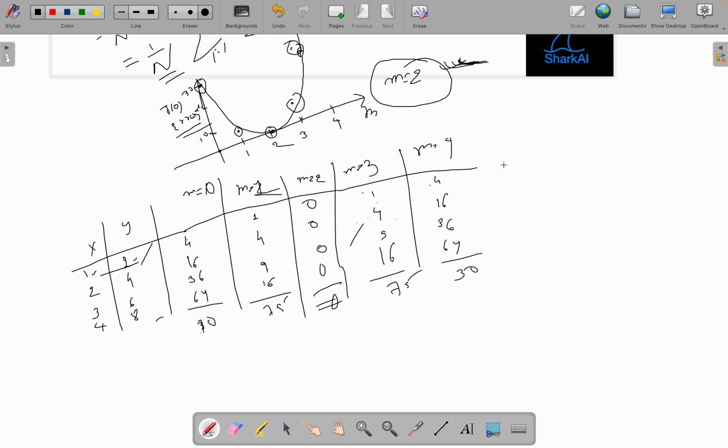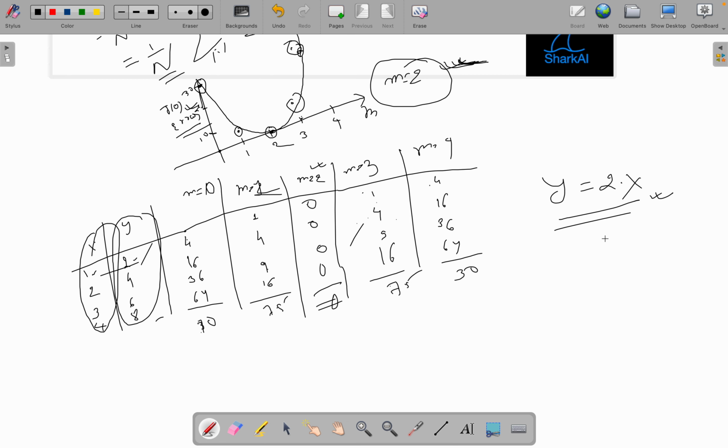By looking into the x and y, my equation will be y is equal to m, we have determined 2, into x. And by looking into the equation, you can also say that the m value should only be 2. y is equal to 2 into x. So this is how we determine the value, by using this manual substitution of this m value and the error. So this is the use of this MSE error.